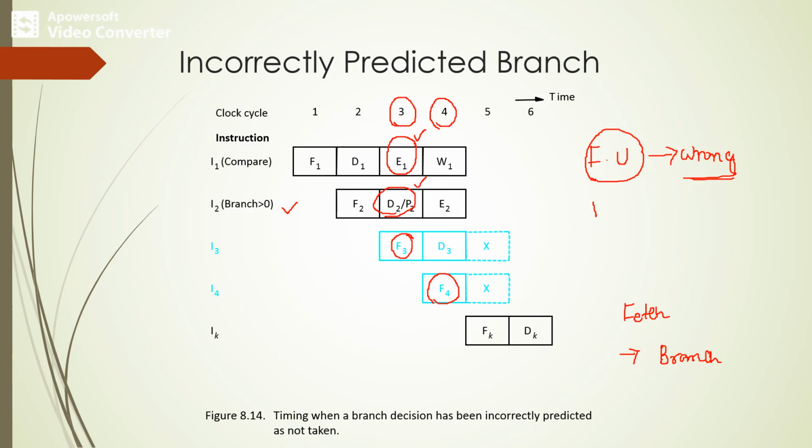During clock cycle 4, the actual branch takes place. So the two instructions in the execution pipeline are purged. A new instruction IK is fetched from the branch target address.